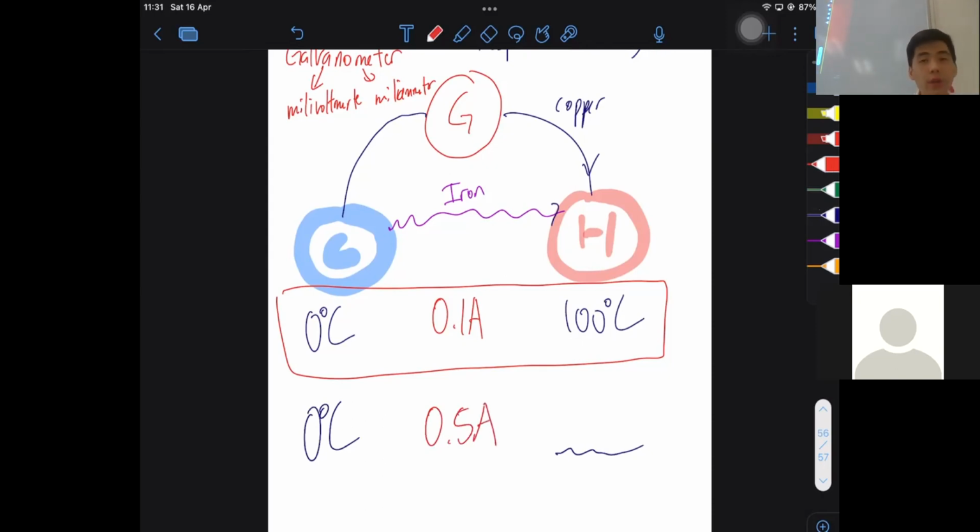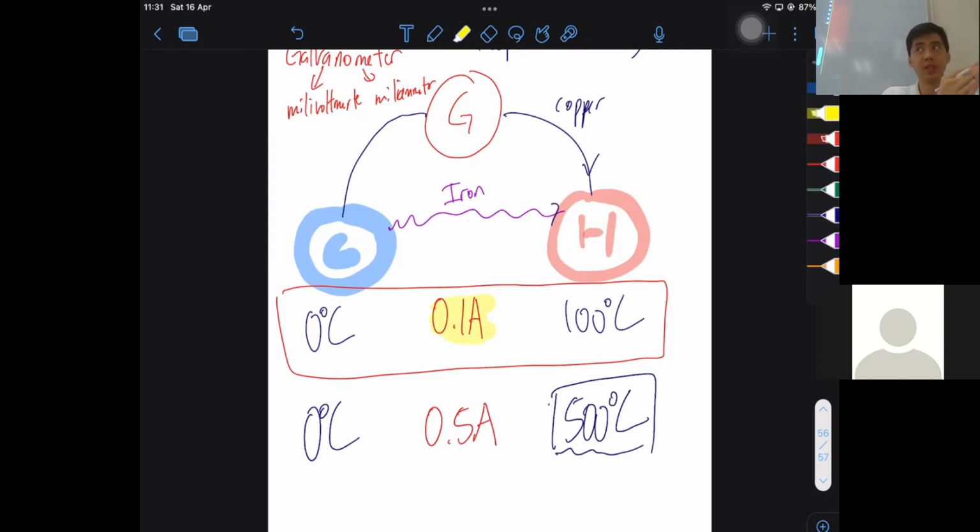Now, logically speaking, how hot do you think the hot junction is at this point here? Good, excellent. It is going to be 500 degrees Celsius. Why? Because just now we calibrated that every 100 degrees Celsius difference will give me a 0.1 ampere reading.